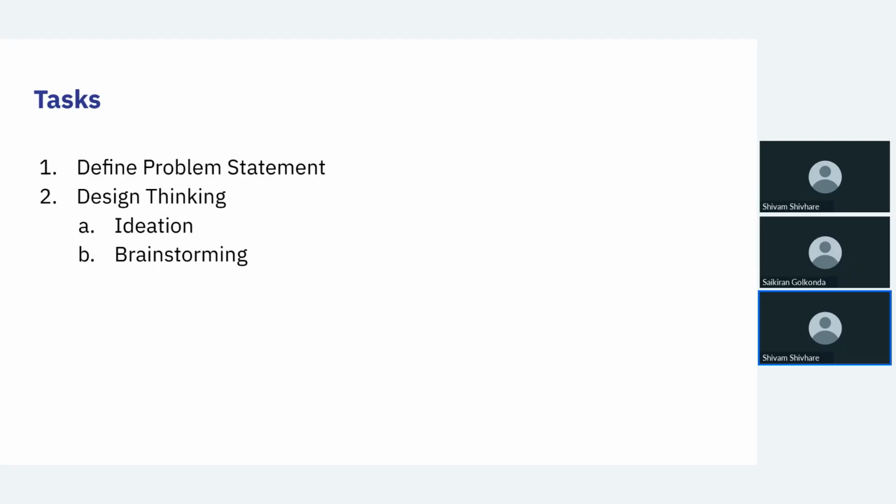So what are the tasks in that? You need to define the problem statement. The problem statement will be decided with an idea only, right? So that is what you need to do: think of the problem statement.